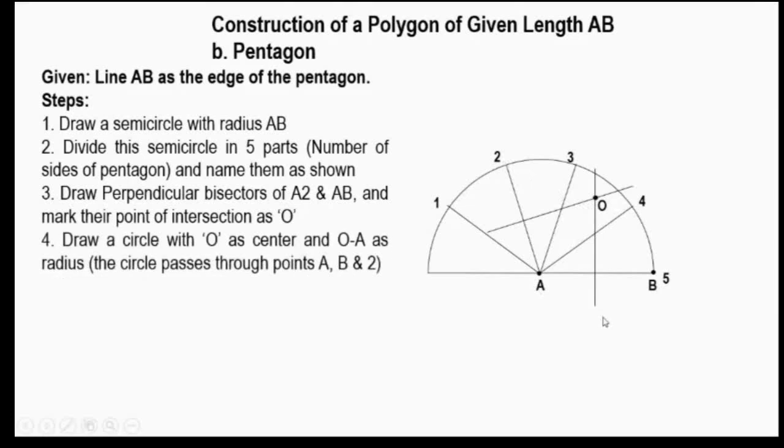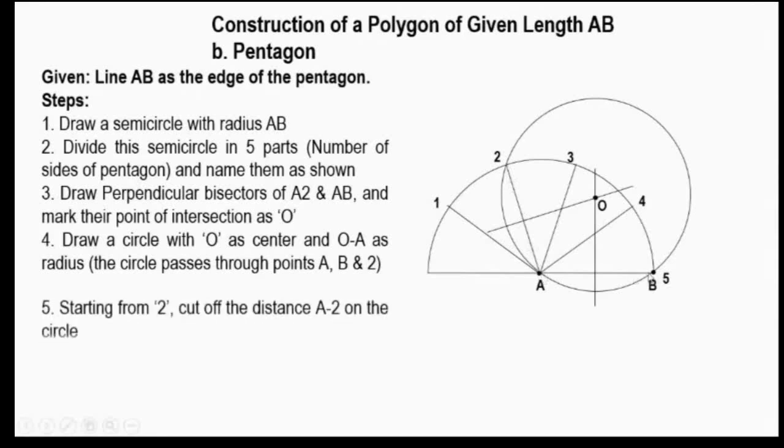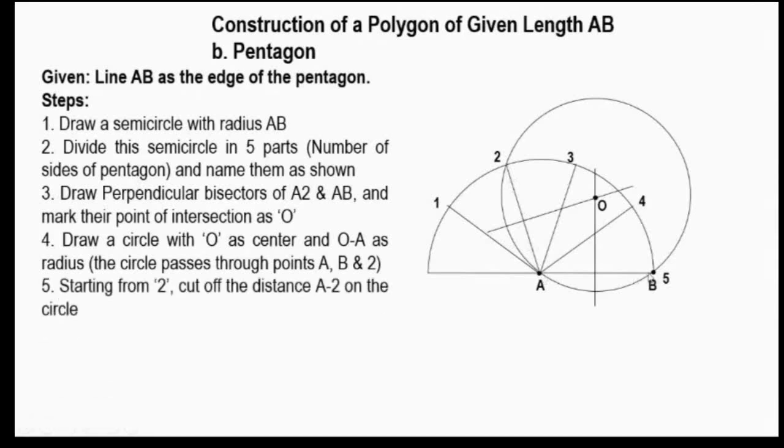So again, with O as center and radius equal to OA or OB or O2, draw a circle. This circle will have to pass through point 2, A and B. Now with the distance equal to A2 or AB, draw arcs on the circle starting from point 2. We will draw two arcs.